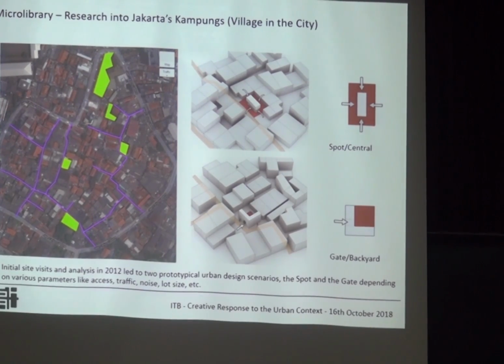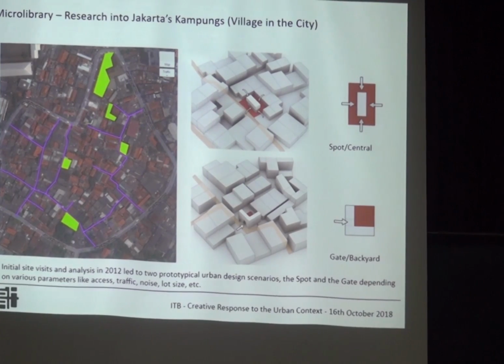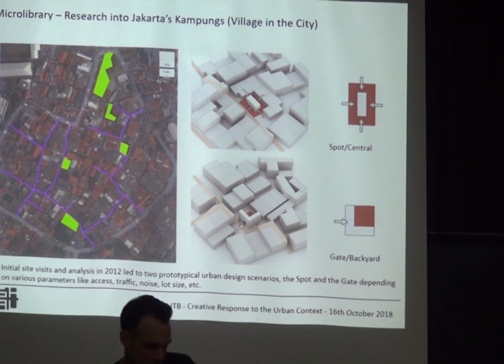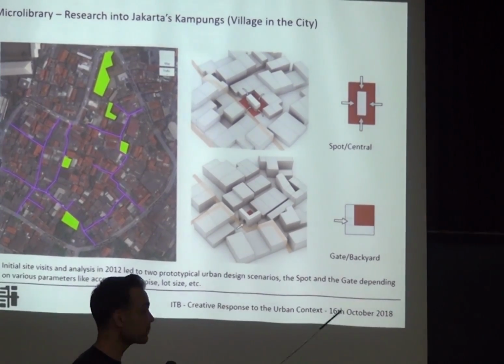But basically, as a spatial configuration, you could say, okay, we have the spot, there's enough space, and you build a sort of little central library, which is visible from all around and works as an attractor, a sort of mini icon. Like the Lima one.